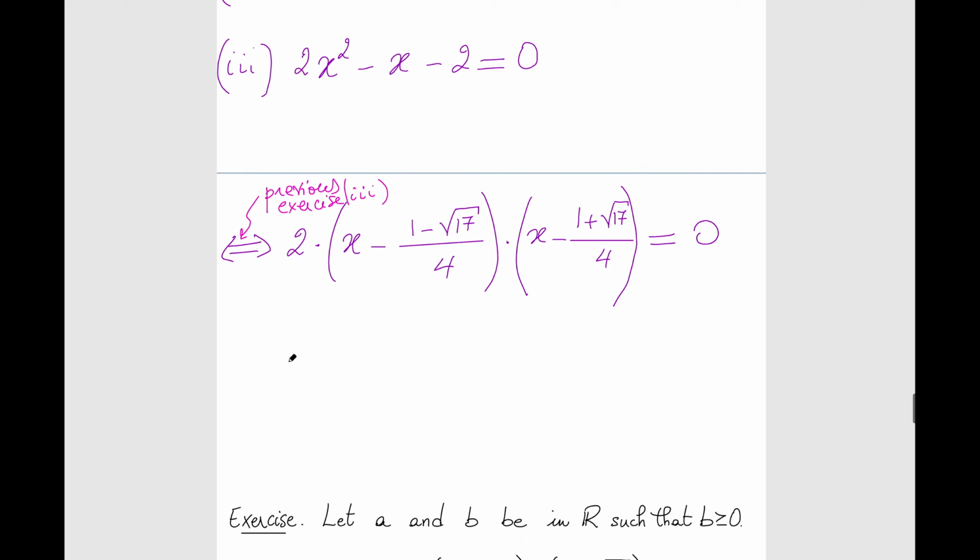And then, as we were saying, this product is 0 if and only if one of the factors is 0: either the 2 is 0, or the x minus 1 minus square root of 17 over 4 is 0, or the x minus the 1 plus the square root of 17 over 4 is 0, right?